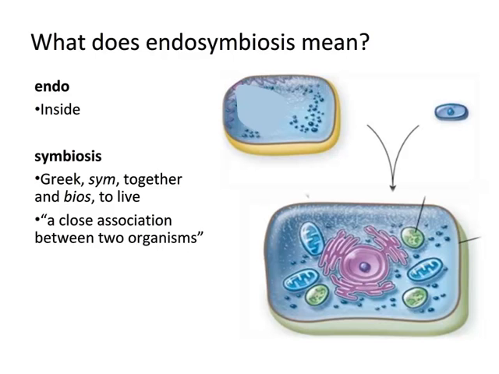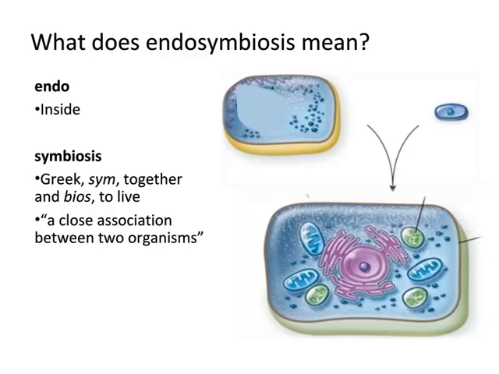Endosymbiosis is derived from a combination of terms, the first being endo, meaning inside, and the second being symbiosis, and that comes from the Greek sym, S-Y-M, meaning together, and bios, to live. So symbiosis is a close association between two organisms, and endosymbiosis is this close association with one organism living inside the other.